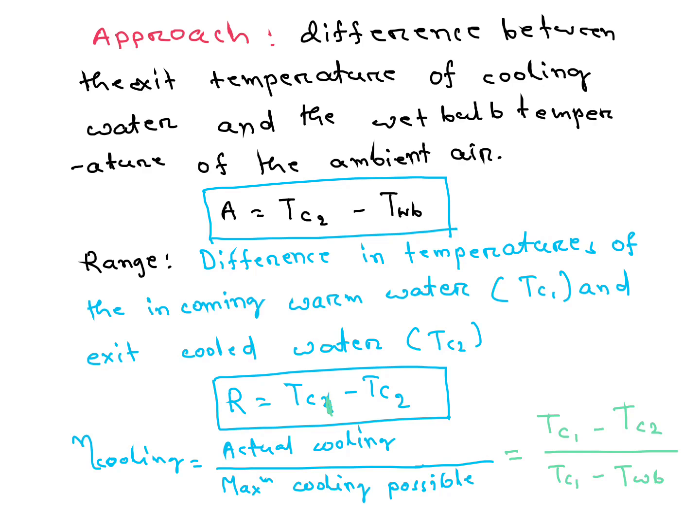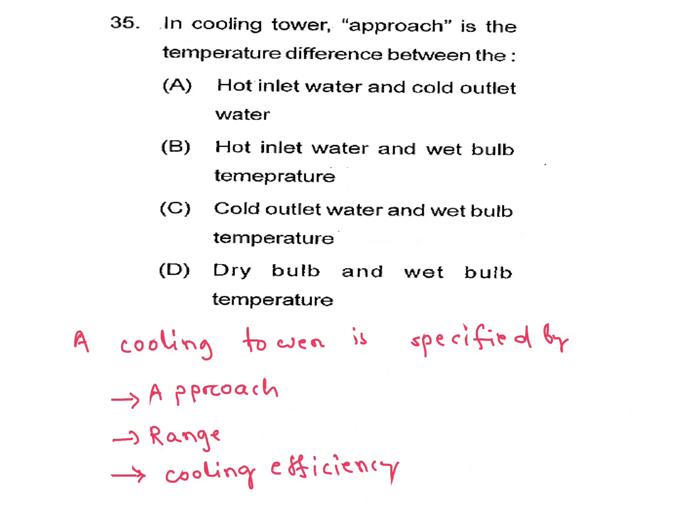So in this question they asked approach. Approach is Tc2 minus TWB.